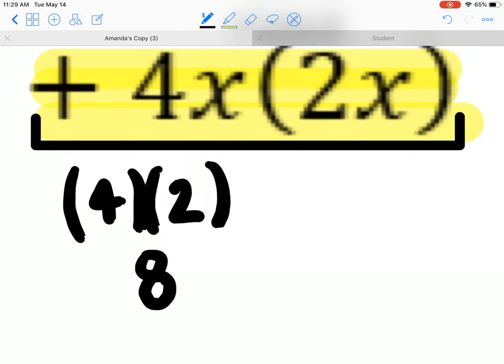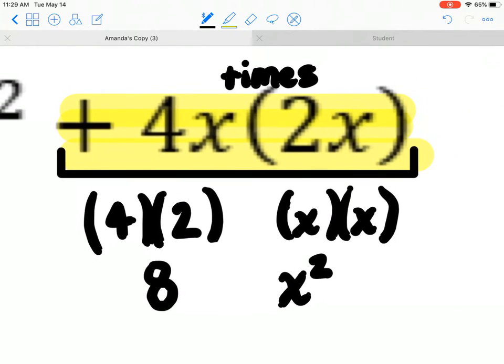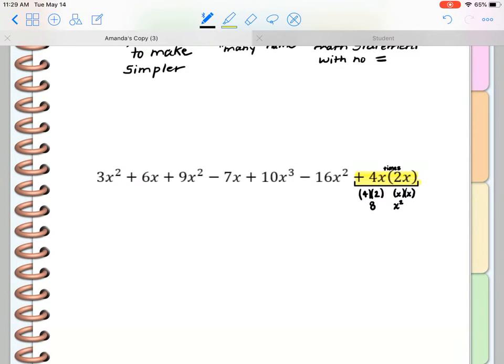And then x times x is x to the second power. Okay. 4 times 2 is 8, and x times x is x to the second power. So we have simplified that part down.